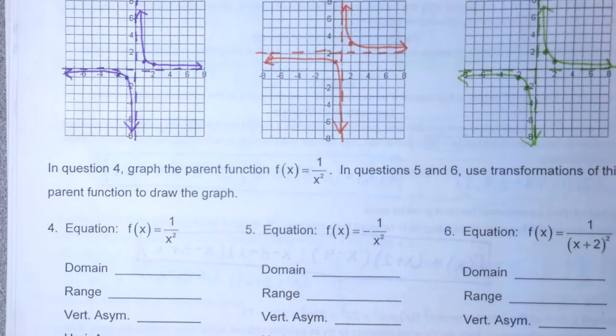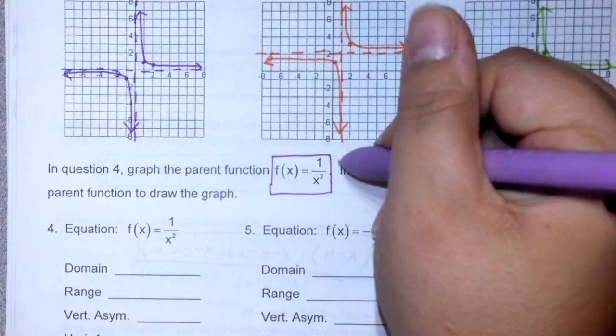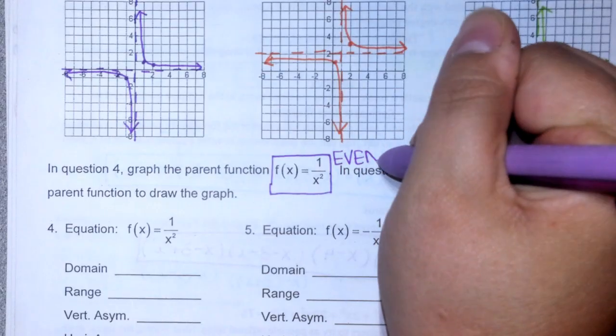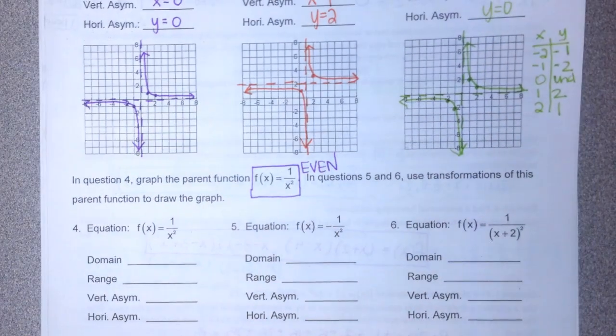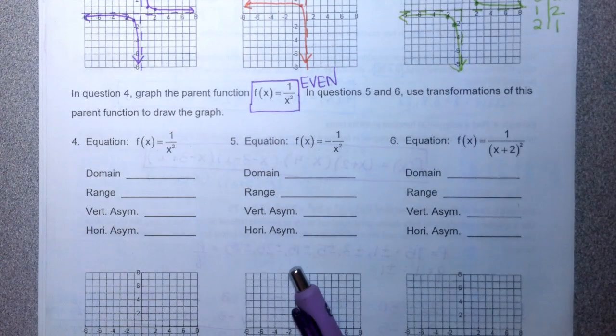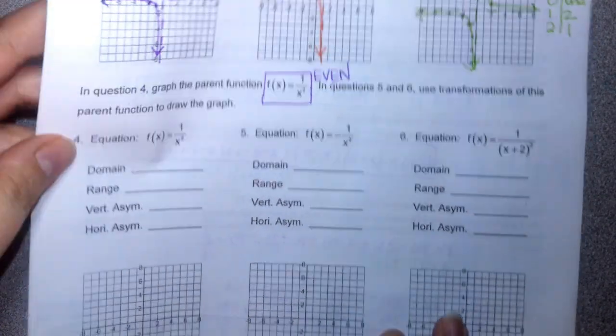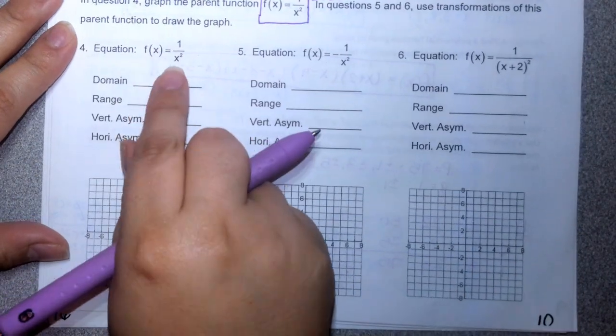What about the even reciprocal function? What about f of x equals 1 over x squared? How is this different than above? It's going to be which quadrants? 1 and 2. So we're still going to have, what's 1 over 0 squared?